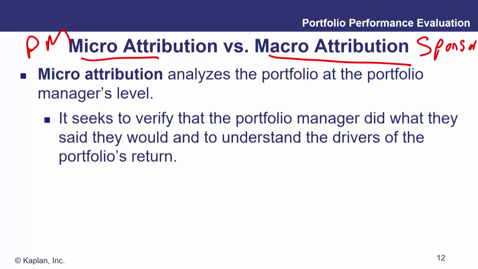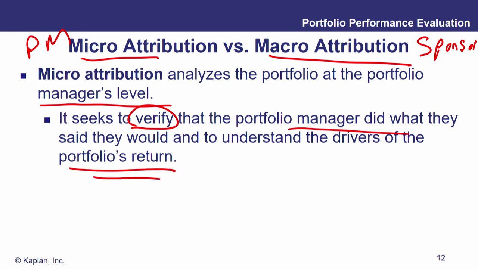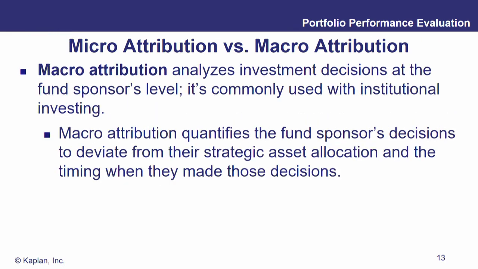So micro attribution is going to be at the portfolio manager's level. And think of it as doing your due diligence. I want to verify that the portfolio manager did what they said they would, and I want to understand the drivers of that portfolio manager's return.